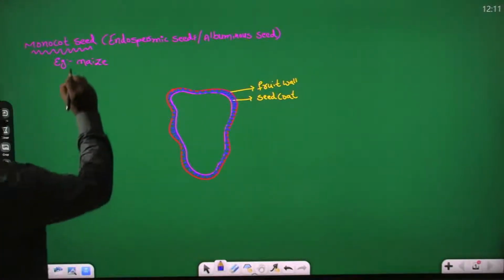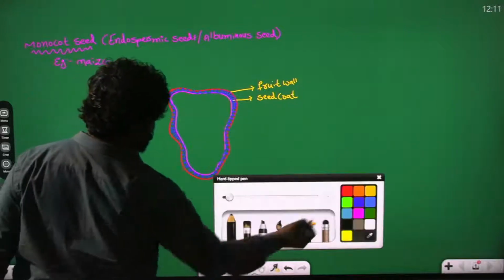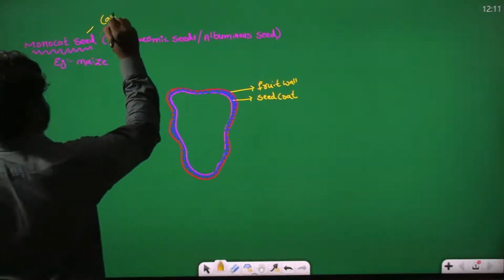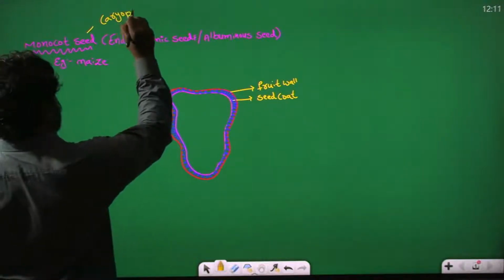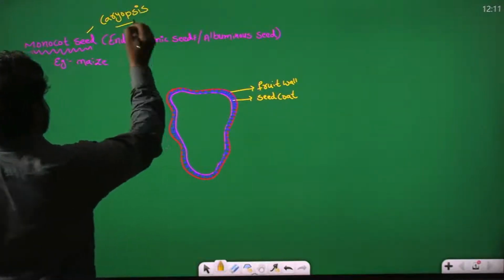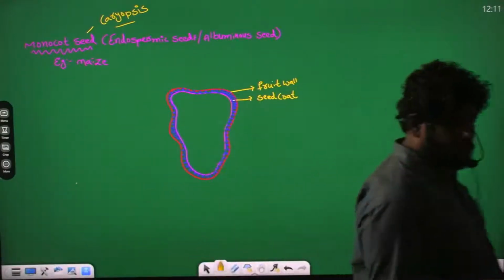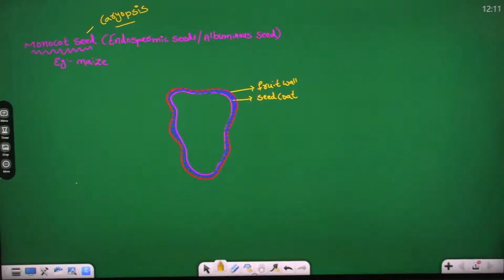That's why this monocot seed is also called caryopsis. Very important word. Why is the monocot seed called caryopsis? What is the reason behind it? The fruit wall and seed coat are both fused with each other.